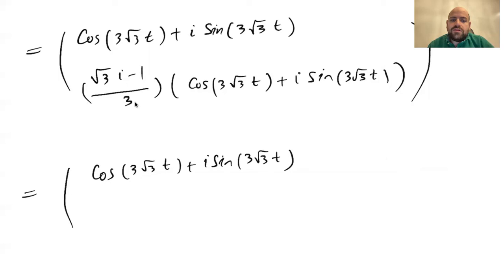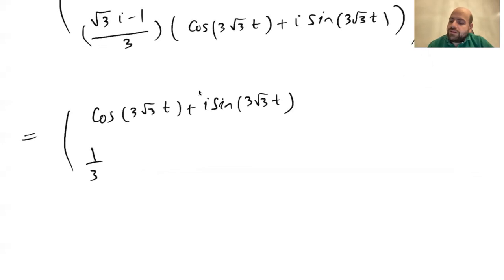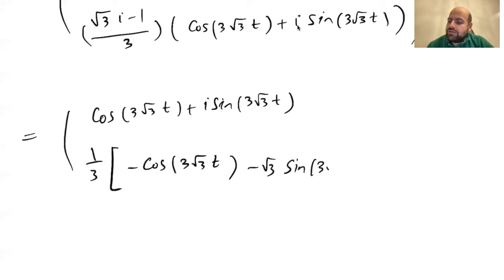And now here I can expand it. This term times this term is going to be real valued, and this term times this term is also real valued. So 1/3 is a common factor, and then minus 1 times this: minus cos 3 root 3 t. Then root 3 i times i squared is minus 1, so minus root 3 sine 3 root 3 t.